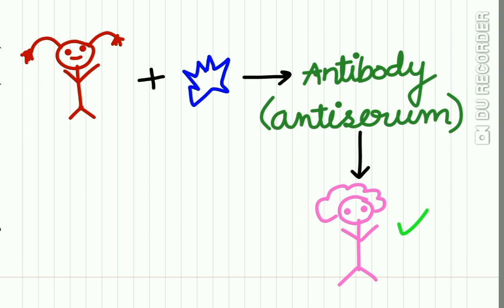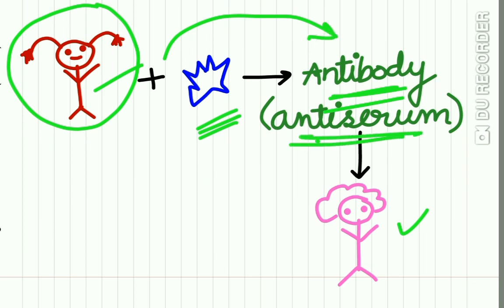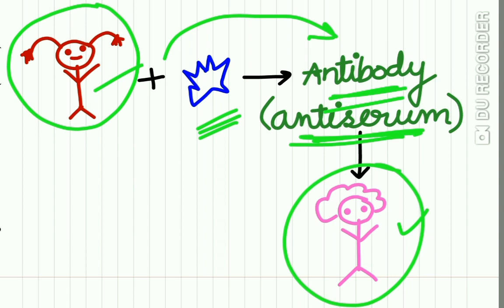So, how are these ready-made antibodies formed? Another host is injected with an antigen. Now, this host produces antibodies, and these antibodies or anti-sera are then injected into this infected host. So, this infected host receives ready-made antibodies from another host.